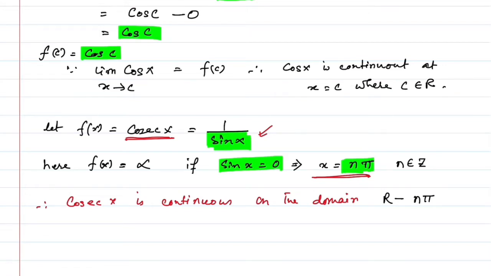So, this is the domain, where n belongs to Z. So, here you can see, this is how we can check the continuity of cosecant. Cosecant means cosec x here.